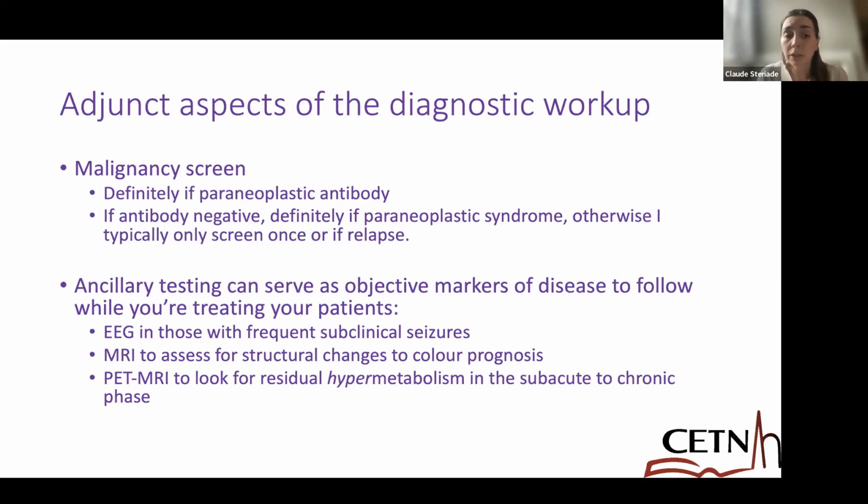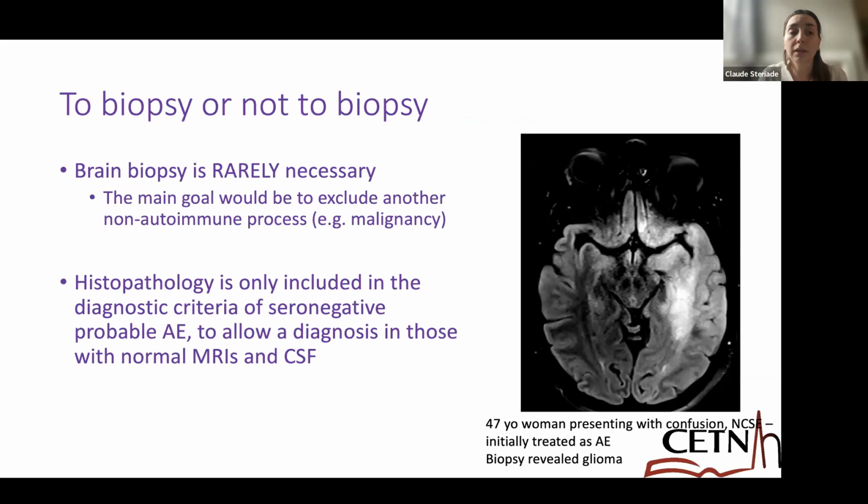And I do a lot of FDG PET MRIs to look for residual hypermetabolism when I'm treating someone who's had immunotherapy, is still having neurologic symptoms, it's getting to the 6 to 12 month mark, and I'm really not sure if it's worth escalating immunotherapy or not. So essentially, is there still an ongoing neuroinflammatory process that should be treated?